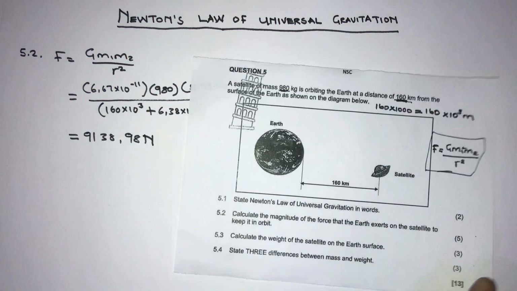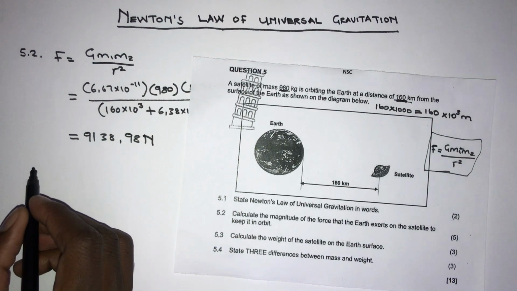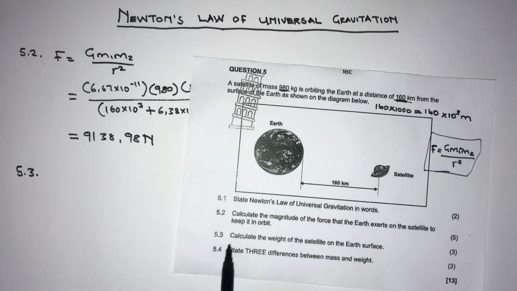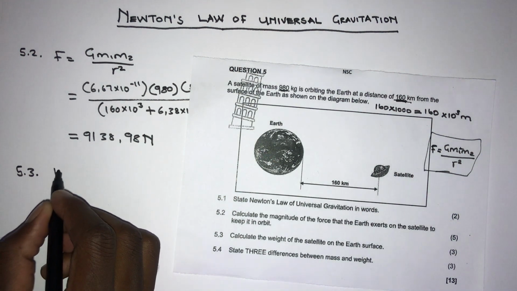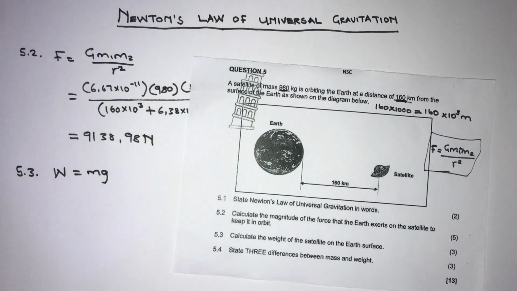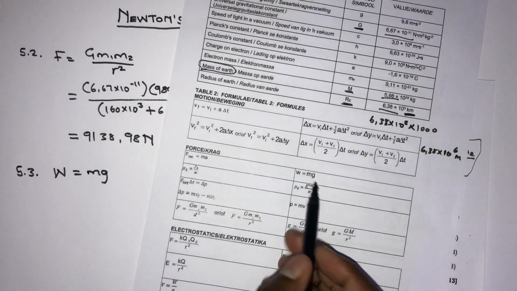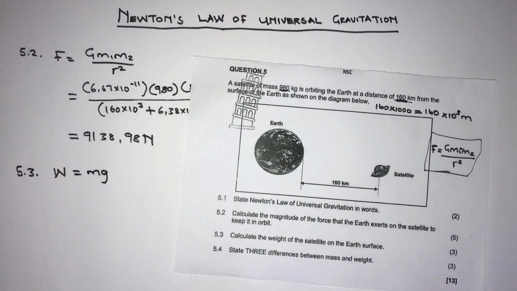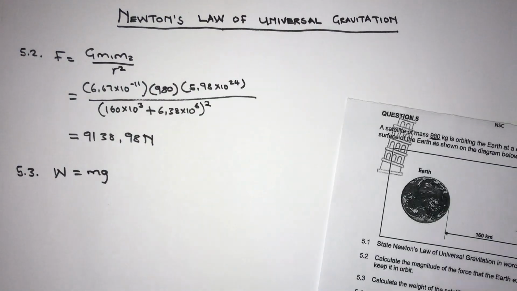Now 5.3. Calculate the weight of the satellite on the Earth's surface. So the formula for weight is equal to mg. If you don't remember, you just go to your formula sheet. We have weight here. Weight is equal to mg. So you just take it from the formula sheet if you don't remember it.